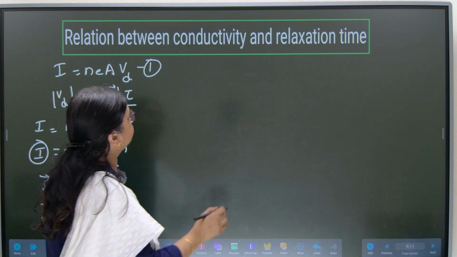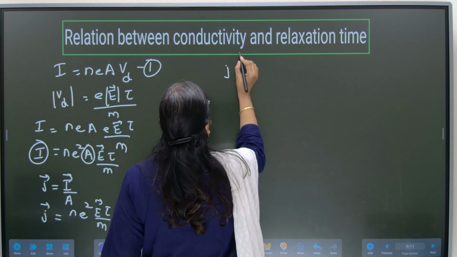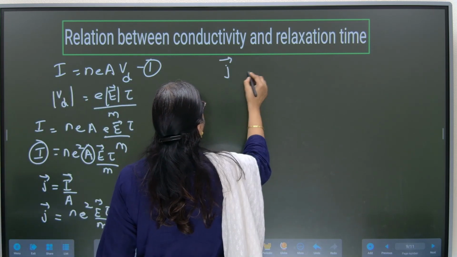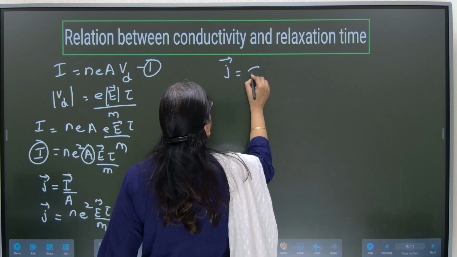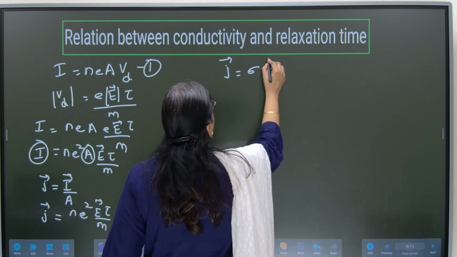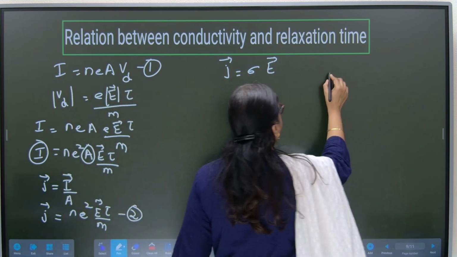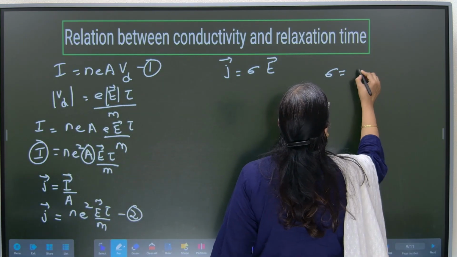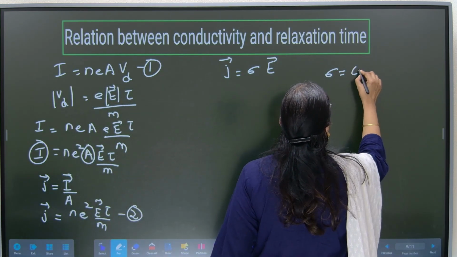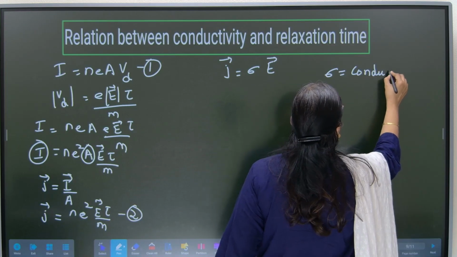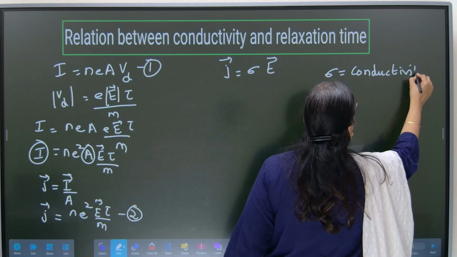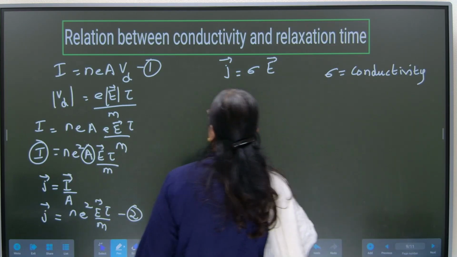Now in the previous video, we had derived an equation between current density, conductivity and electric field given by J is equal to sigma E, where sigma is the conductivity of the material of the conductor.